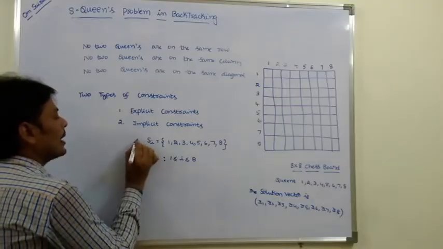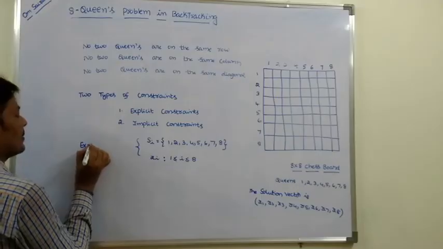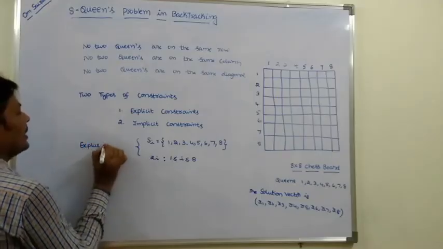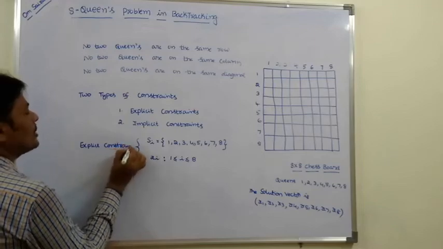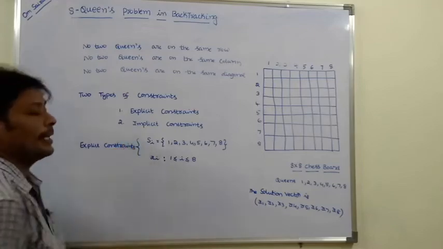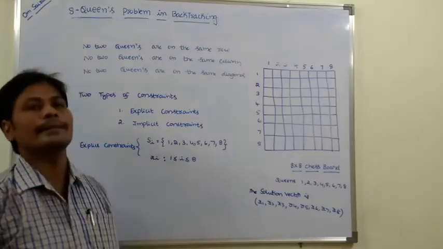These constraints are called explicit constraints. Explicit constraints are the rules that restrict each xi to take on values from a given set.